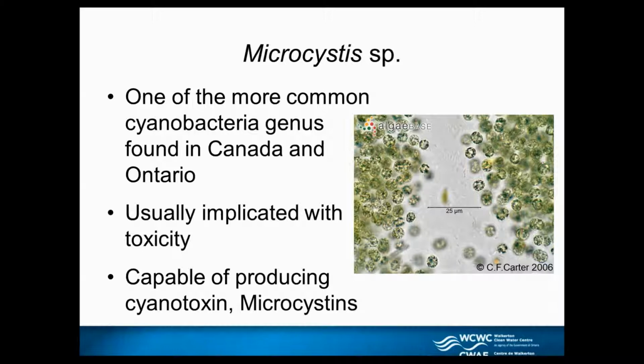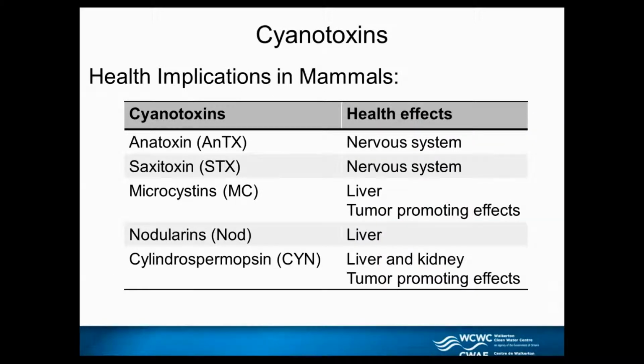Of all of the toxins, there's also a high amount of variability with the toxins themselves. So here are some examples of different toxins that can be produced by cyanobacteria. Anatoxin has an effect on the nervous system. Saxitoxin is also a neurotoxin. Microcystin is tumor promoting, but is also a hepatotoxin, or can affect the liver.